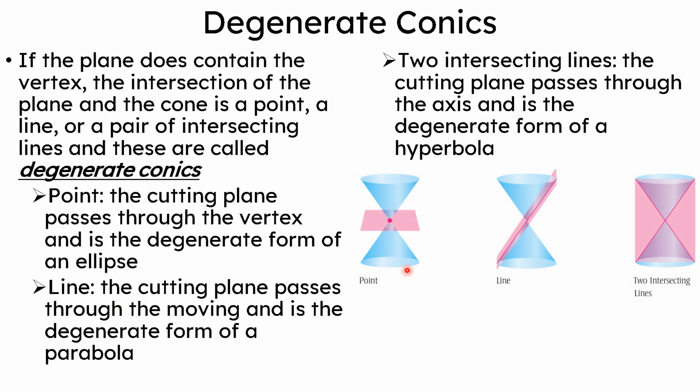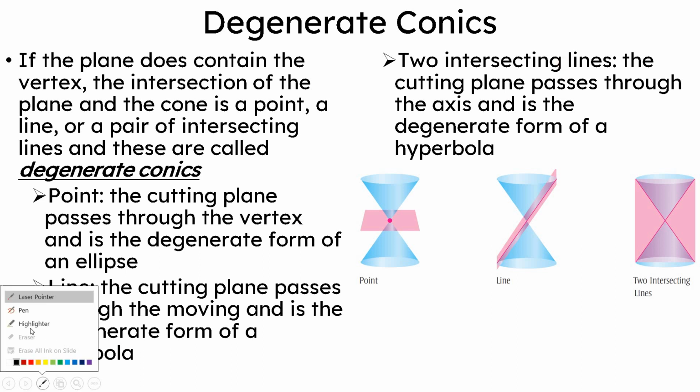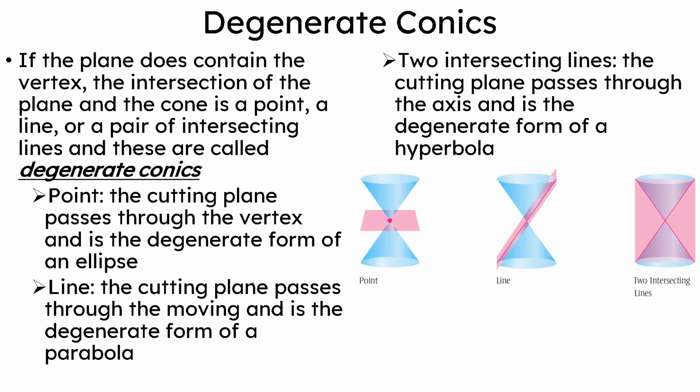If the cutting plane passes through the moving line, dapat may line, the word moving line, it's the degenerate form of a parabola.